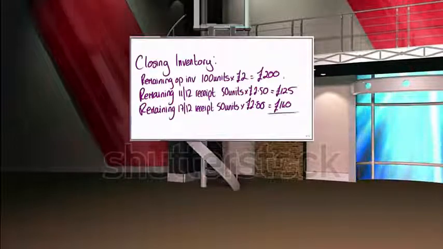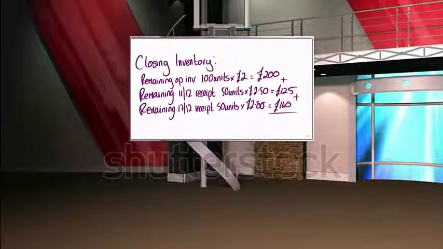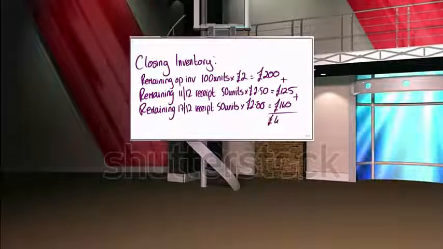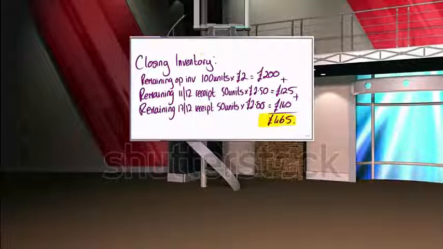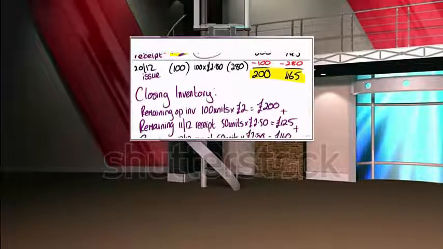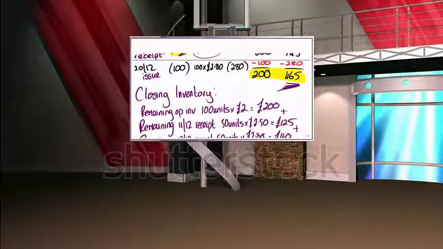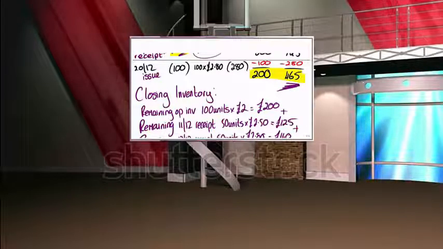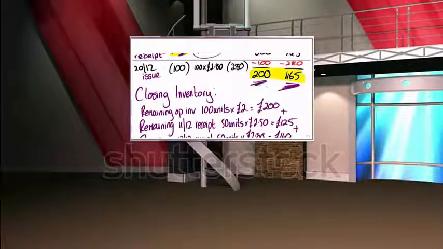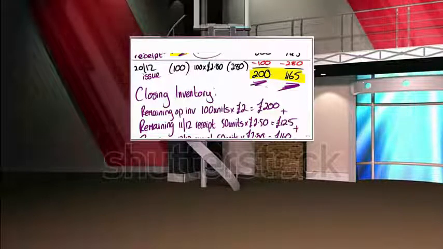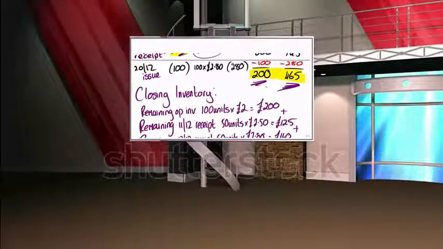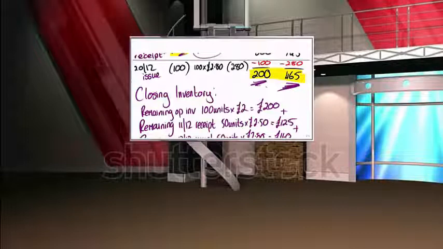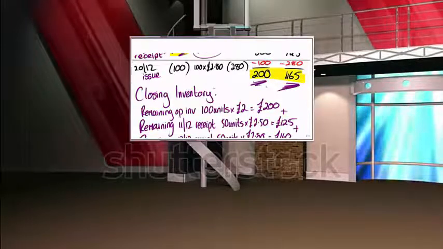If you add those three values together, quickly on your calculator, you will get to 465, which is what we said was the value of our closing inventory of 200 units. The little extra bit we've done is just to understand which batches our closing inventory comes from.